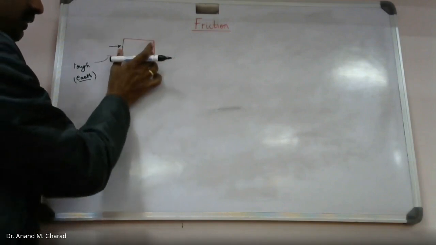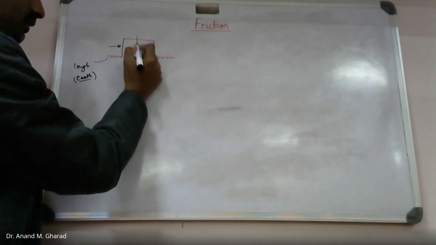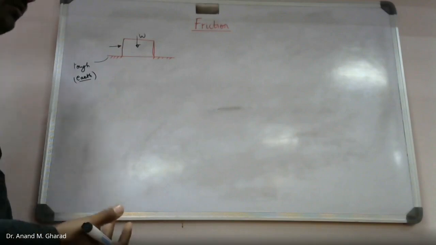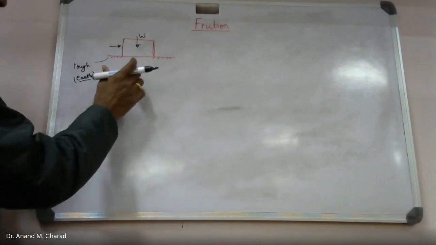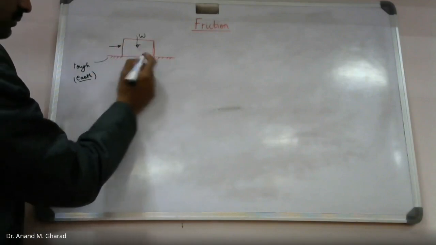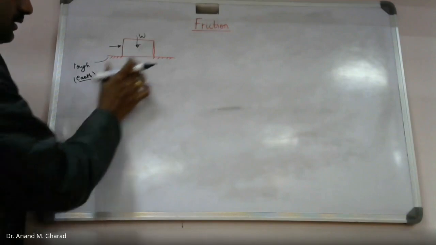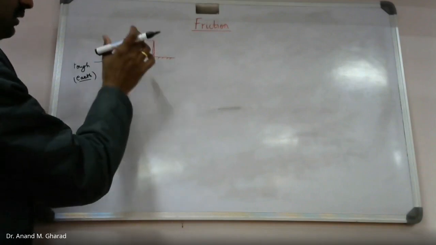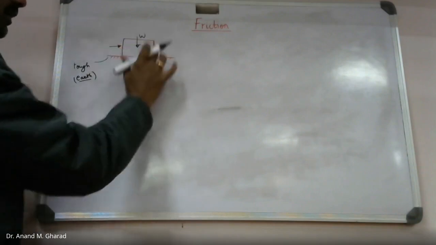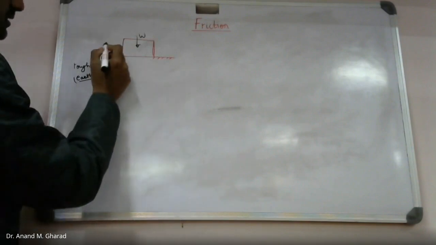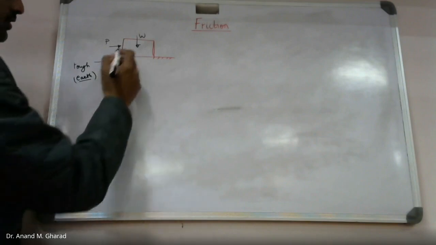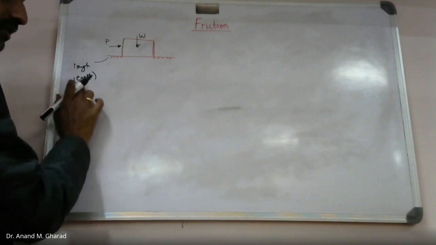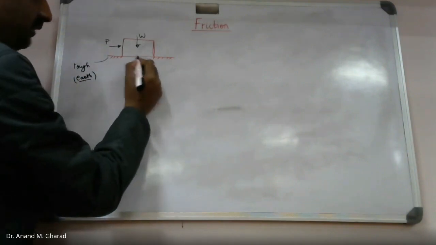Then you will find that this rigid body, if it has a certain weight associated with it, and if that weight is more than your pulling force, then by virtue of the contact between this rigid body and the rough earth surface, the resistance offered by the roughness will oppose the force exerted on this body. If some amount of pull or push is provided to this rigid body, then the resistance offered by the rough surface will be in the opposite direction.